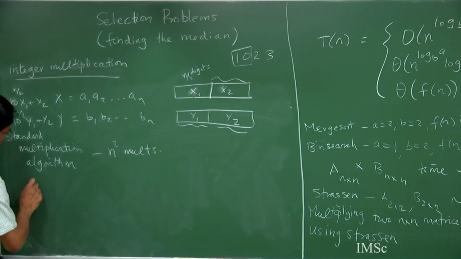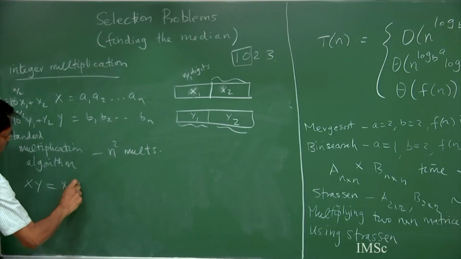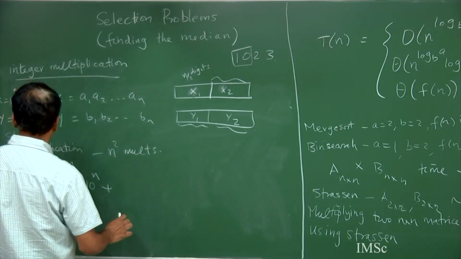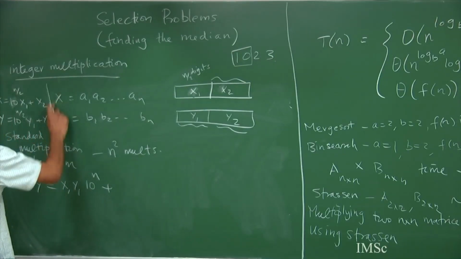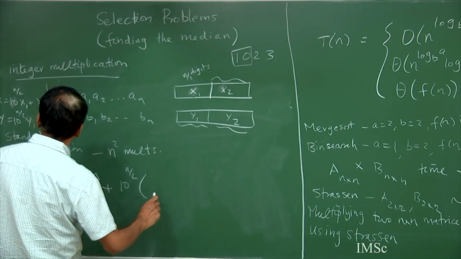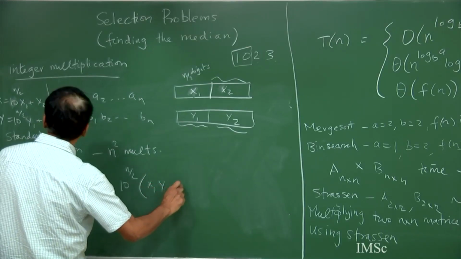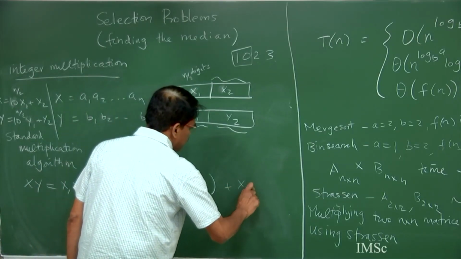So, now I can write xy as what? From this, it is x1 y1 into 10 power n plus 10 power n by 2 into x1 y2 plus x2 y1, plus x2 y2.